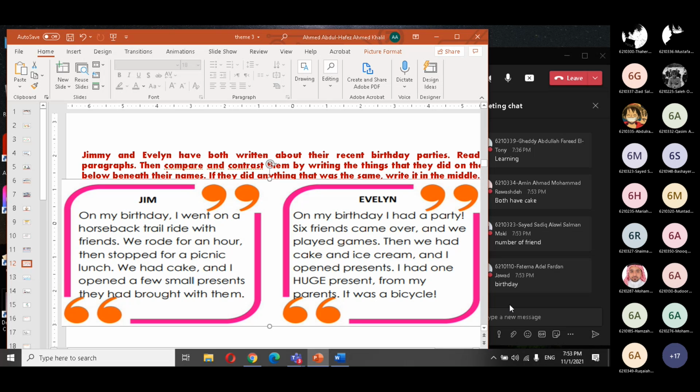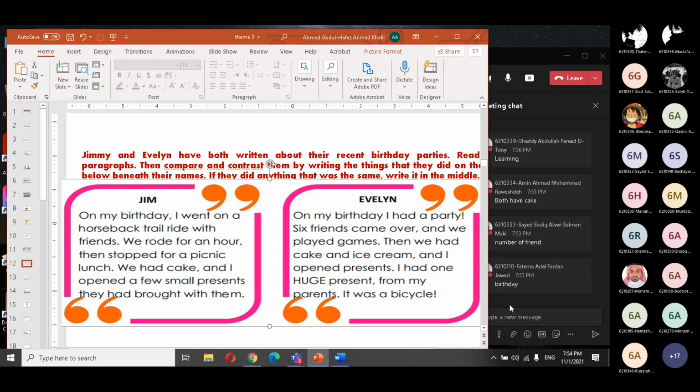Said friends. Yes. Let's talk first about similarities. What's similar? The party. Celebration. But here, because the first one didn't say a party, the second one said a party, but both have celebration. Okay.